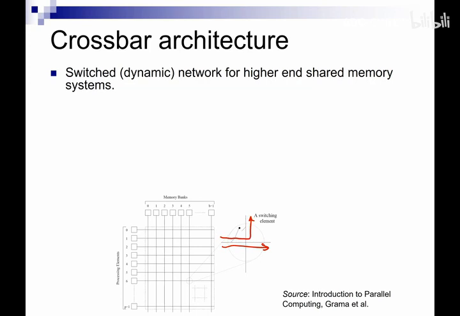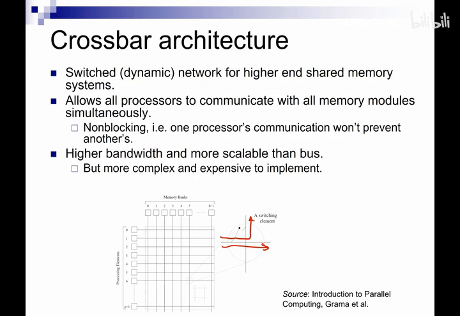By setting these switches in different ways, we can achieve different communication patterns. In fact, this crossbar is non-blocking in the sense that it allows all of the processors to communicate with each other simultaneously.